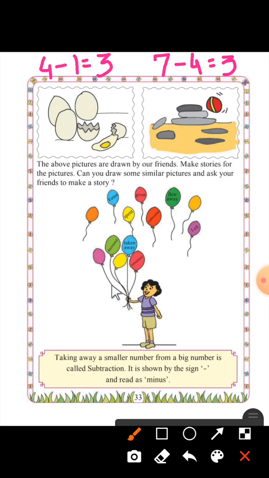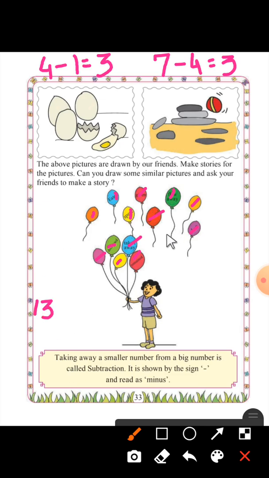Now see this picture. Here this boy has how many balloons all together? Count. 1, 2, 3, 4, 5, 6, 7, 8, 9, 10, 11, 12, 13. Total 13 balloons are there.